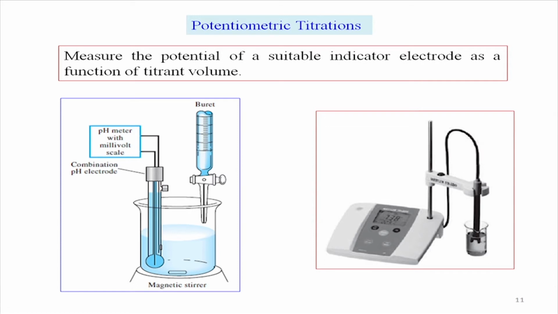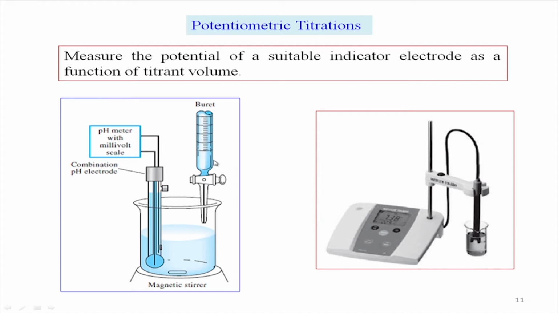Suppose we do a simple experiment determining washing soda, that means the unknown concentration of sodium carbonate in a given solution taken in your beaker. You add your corresponding acid, which is hydrochloric acid, of known concentration.